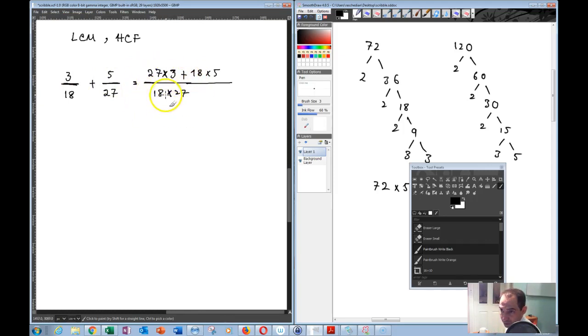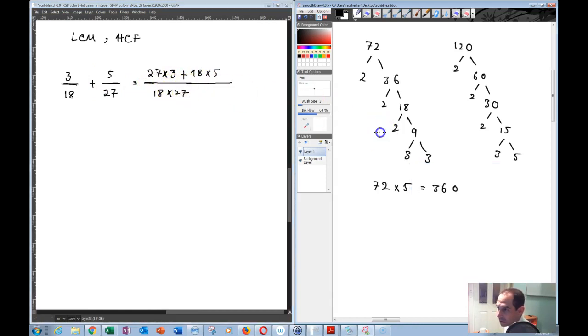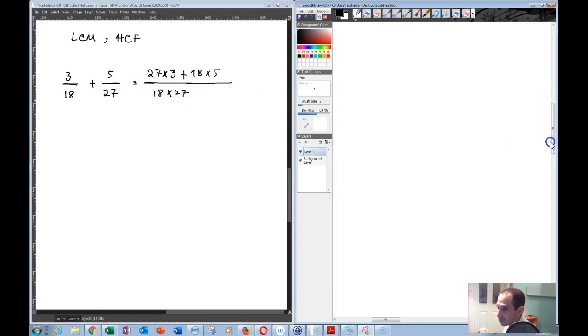But the problem here is that 18 times 27 as a denominator is a fairly large denominator, and you might actually be able to get a smaller denominator that does the job for you as well.